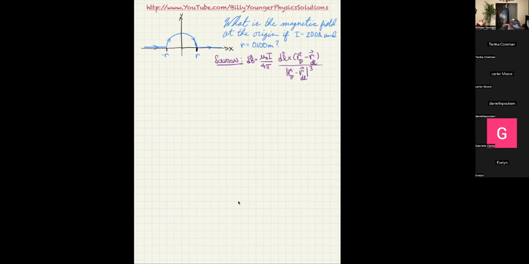Okay, so that's the equation we're using. That's the law of Biot-Savart. And we've got to remember, of course, what those things are.